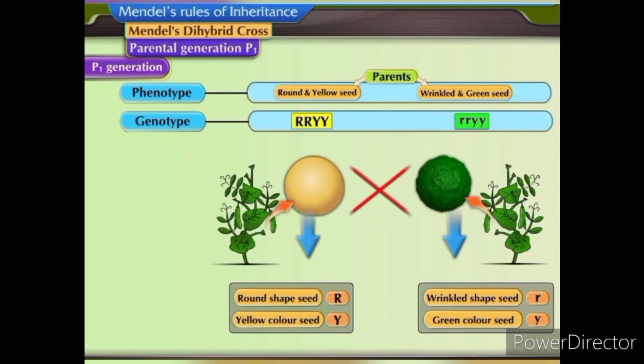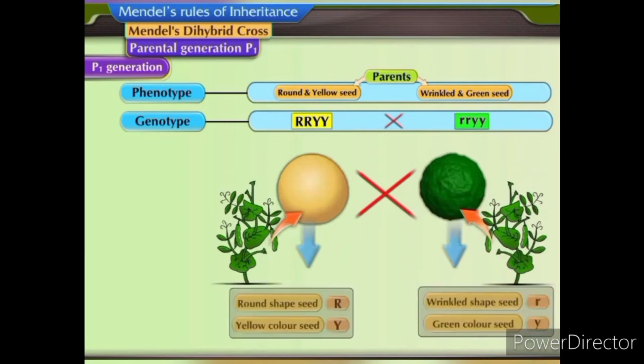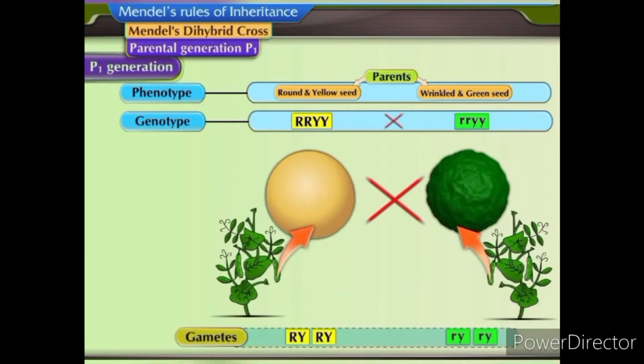The two parent plants are then crossed, that is, capital R capital R capital Y capital Y crossed with small r small r small y small y. When the gametes of the P1 generation are formed, each pair of alleles segregate independently of the other.